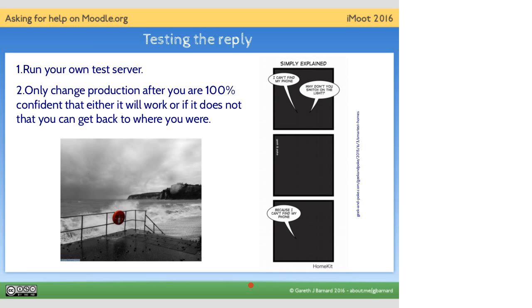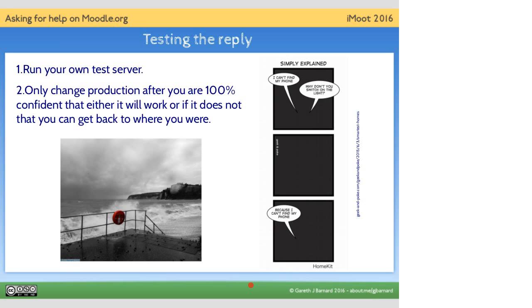It's a real nightmare to deal with, and impossible to predict what's going to happen. And in fact, the code is GPL v3, so not actually liable at all. So the best thing to do is to have your own test server. Not only is it great for trying out new plugins and replicating problems, but you can also learn Moodle on it with no fear whatsoever of it going wrong.